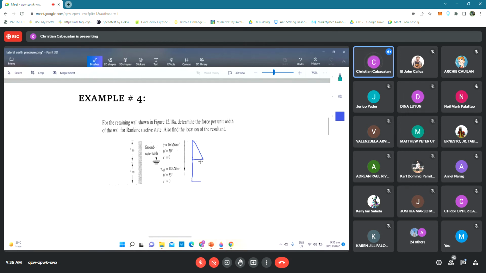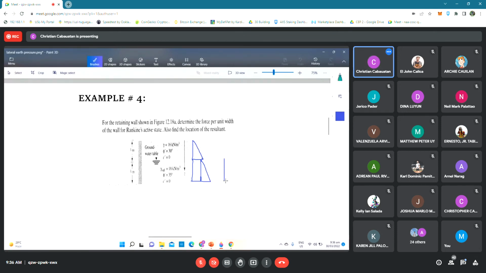And then, therefore, there is a change because of your internal friction na nagbago. Okay? And then, because of the saturated soil, there is another effect from your soil, which is this one. Okay, and then separate the groundwater.